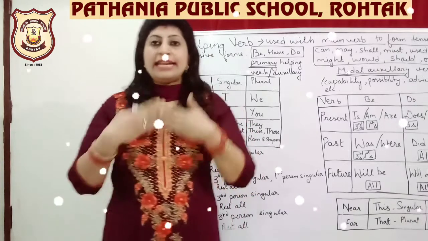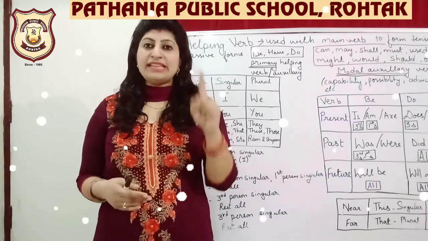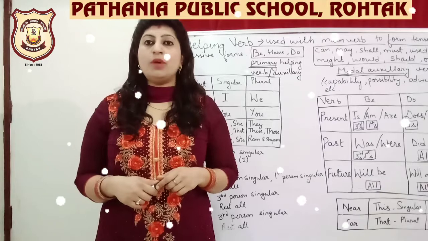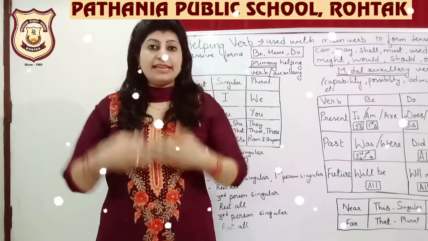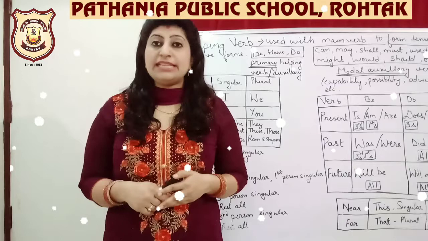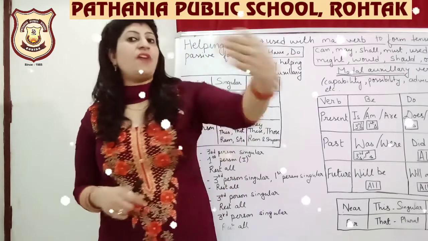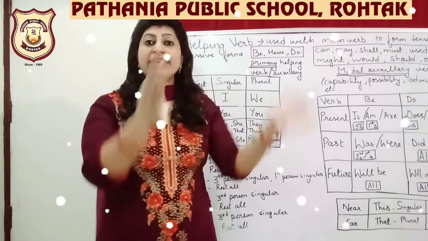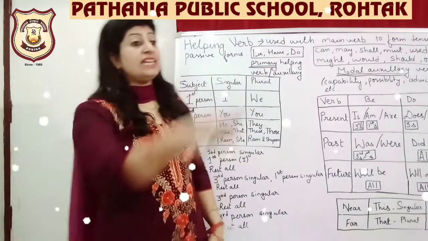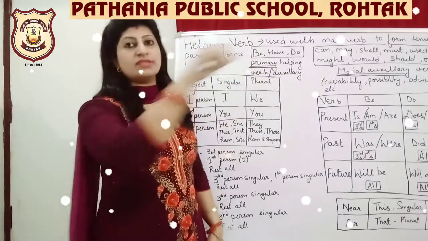When things are near me, when it is singular, I use the word this. When it is plural, it is near me, I use the word these. When something is far away, I say that. When many things are far away, I say those.